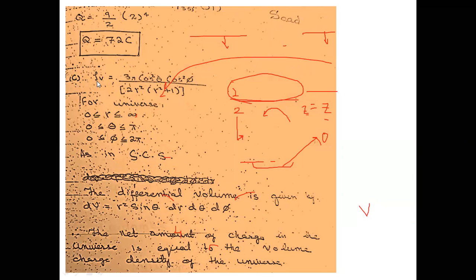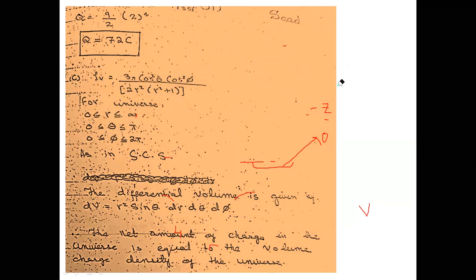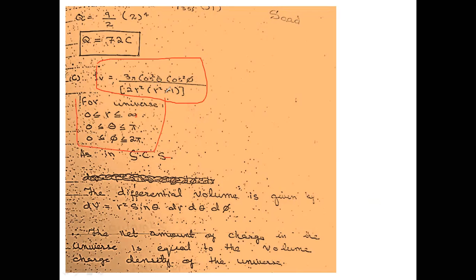And now the third part, which is very easy again. When one function is independent of the other function, then it is very easy to solve. But if one variable is dependent on the other, then it is a difficult task. But in this case we have rho v given, and we have to take the limits for the universe.